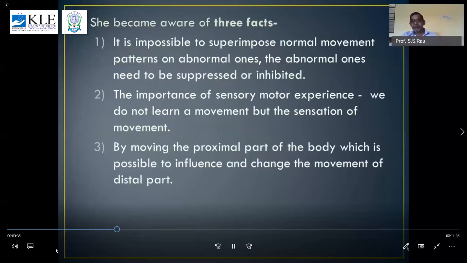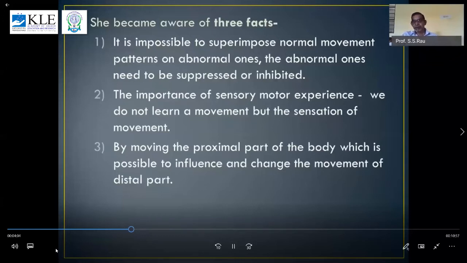While working with the hemiplegic, she became aware of three facts. One, it is impossible to superimpose a normal movement pattern on an abnormal one. The abnormal one needs to be suppressed or inhibited. Now, this we all should agree, because a patient who has come to us with an abnormal movement pattern, you try to teach him a new pattern, the patient finds it difficult to learn it because you have not released the abnormal pattern.